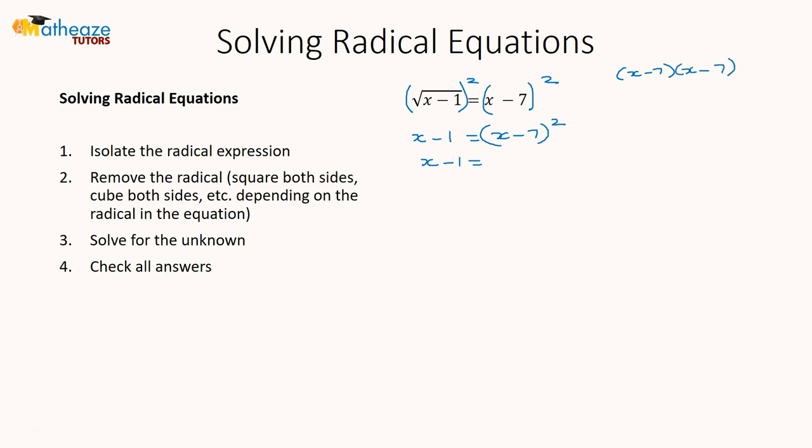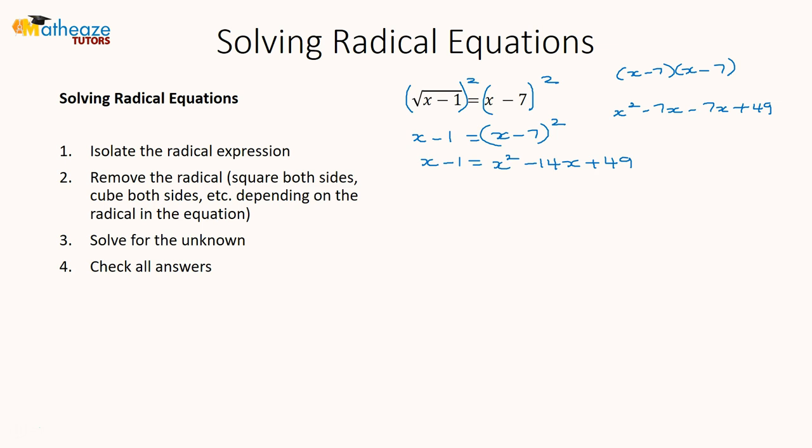We can FOIL it, so we get x squared minus 7x minus 7x plus 49. So this is going to give us x squared minus 14x plus 49.